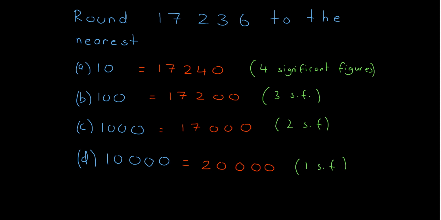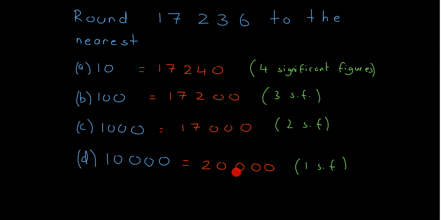When I round off 17,236 to the nearest 10,000, I have to write 20,000. I can't just write the 2, that'd be silly because 17,236 doesn't round off to 2. I need to write these zeros here to tell me which one is in the tens column, which is in the ones column, which is in the hundreds column, and so on.